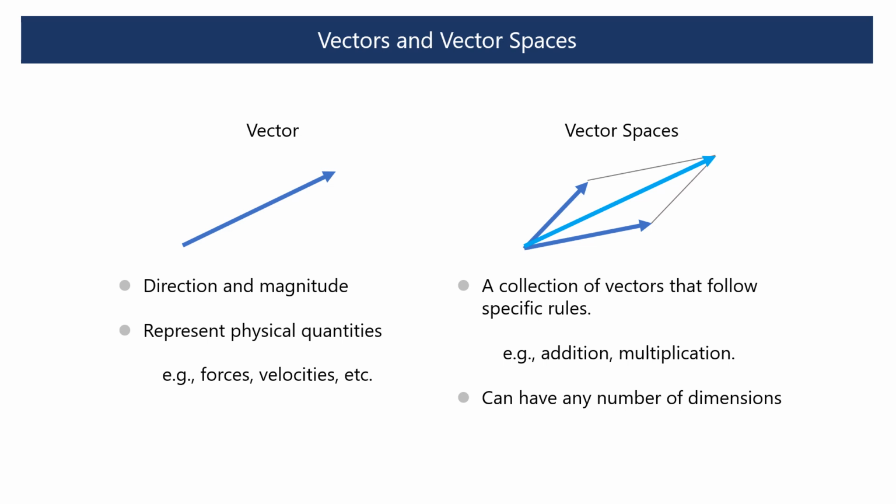Now, let's discuss vector spaces. A vector space is a collection of vectors that follow specific rules. These rules include vector addition and scalar multiplication. Spaces in linear algebra are not limited to the three-dimensional world in which we live, but can have any dimensions beyond 4.